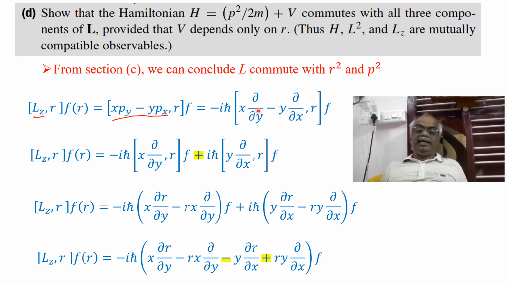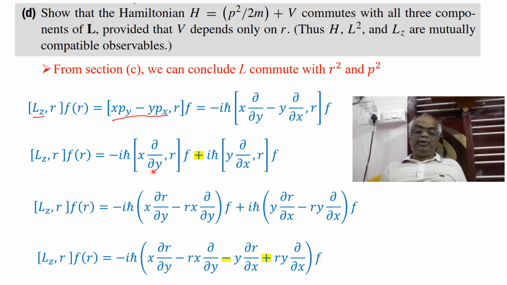Then I can separate this into two: minus iℏ x delta over delta y with r, and minus of minus becomes plus iℏ y delta over delta x with r. Of course, outside the commutator you have f.